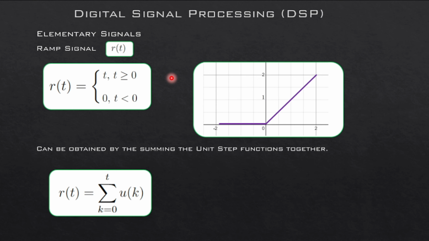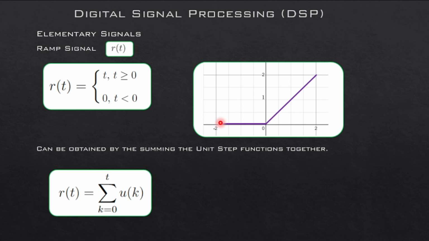Ramp signal, or r t. The ramp signal is equal to t for t greater than or equal to 0, and 0 for t less than 0. This is done by limiting it with the unit step: you have the ramp, y equals t, that's the equation, but it's multiplied with u t.